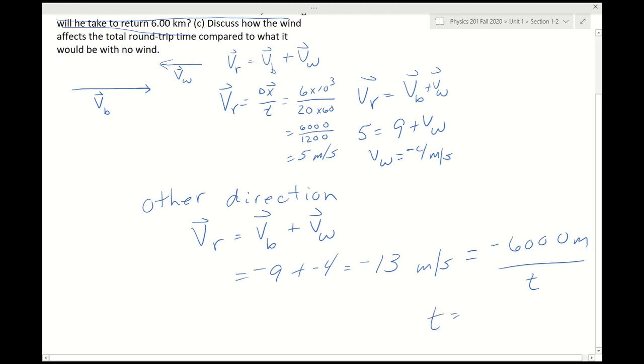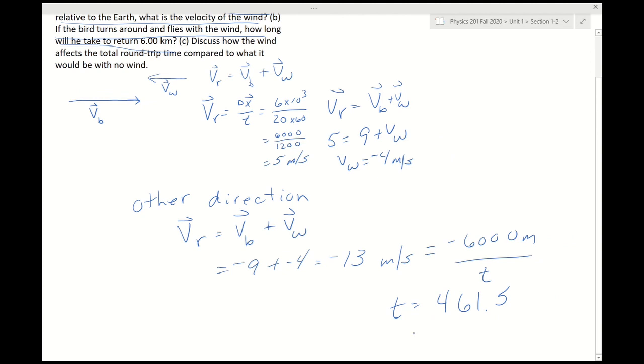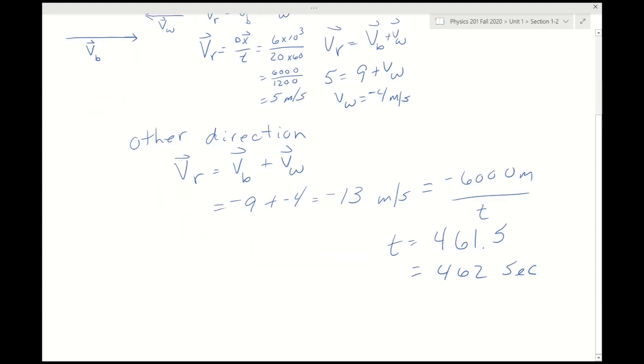And so our time is going to be a positive, otherwise we have a problem with negative time. 461.5. We have 3 significant digits, so 462 seconds, which is the same thing as 7.69 minutes as opposed to 20 minutes.